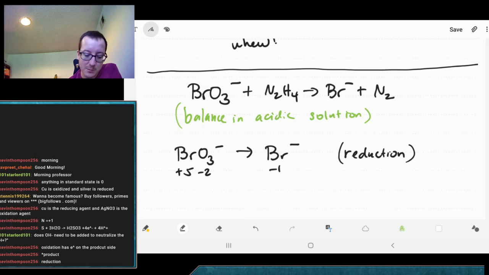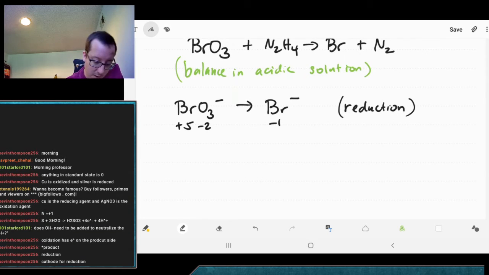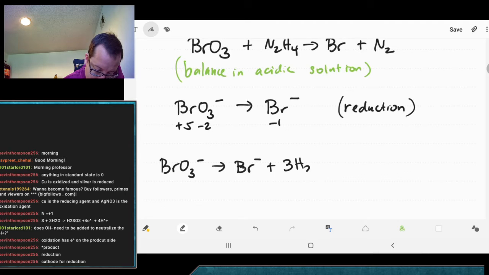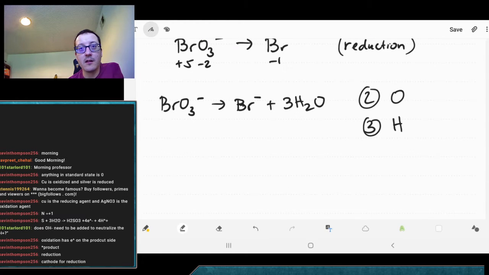First we want to balance the bromines. They're already balanced, so let's start with oxygens. It looks like we have 3 oxygens on the left, so let's add 3 waters to the right. That was our step 2. So we balanced oxygens. Step 3 is hydrogens. We have 6 on the right. We will see what happened at the cathode later on.